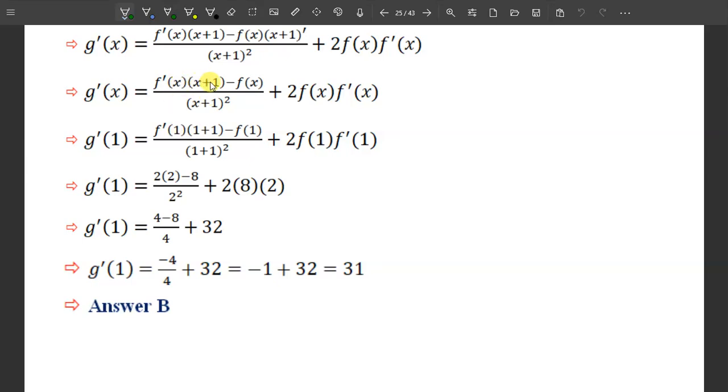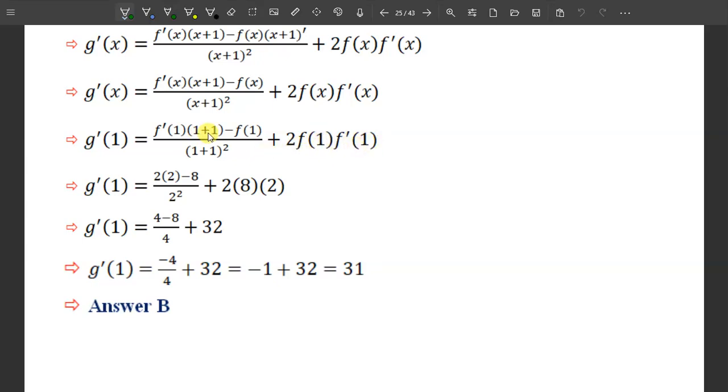Here we have x plus 1, replace x by 1, it becomes 1 plus 1, minus f of 1, over x plus 1 the whole square, which becomes 1 plus 1 the whole square, plus 2 times f of x times f prime of x, therefore 2 f of 1 times f prime of 1.